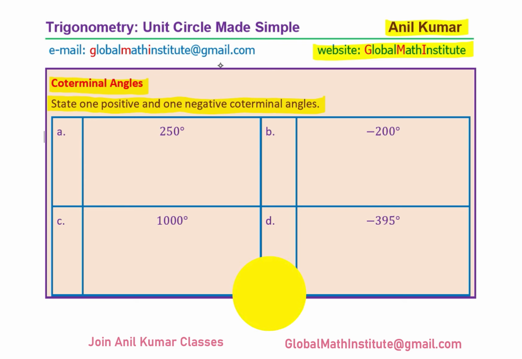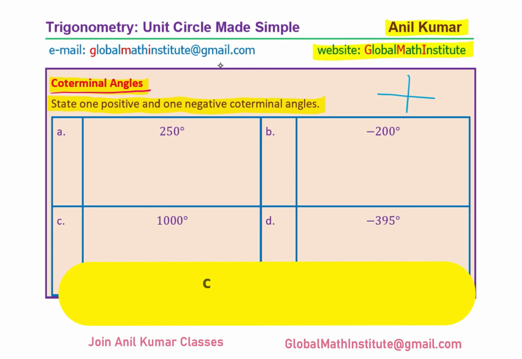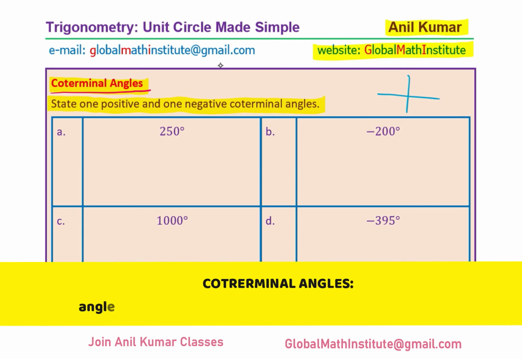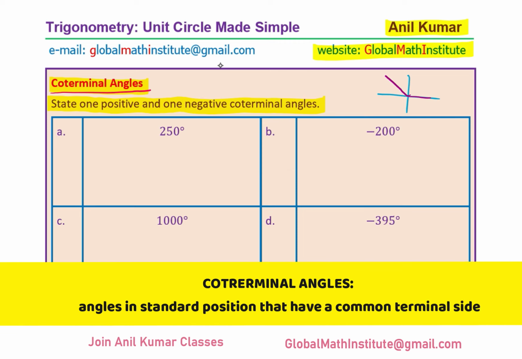We are talking about coterminal angles, right? It means that if you are looking at some angle, then this is the initial arm, which is along the positive x-axis, and let us say that is your terminal arm, right? Then all the angles which terminate on the terminal arm are exactly the same. Since trigonometric functions are periodic in nature, this has the same value of the trigonometric ratio.